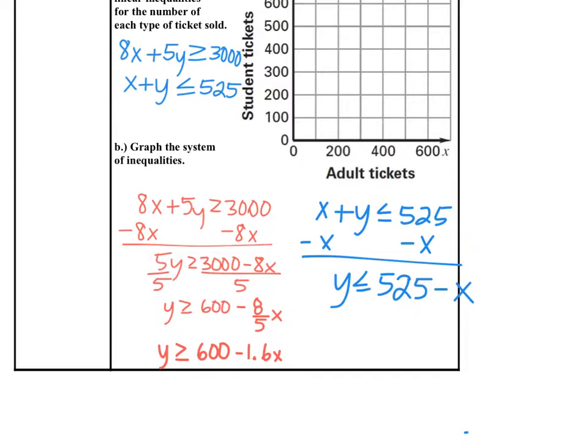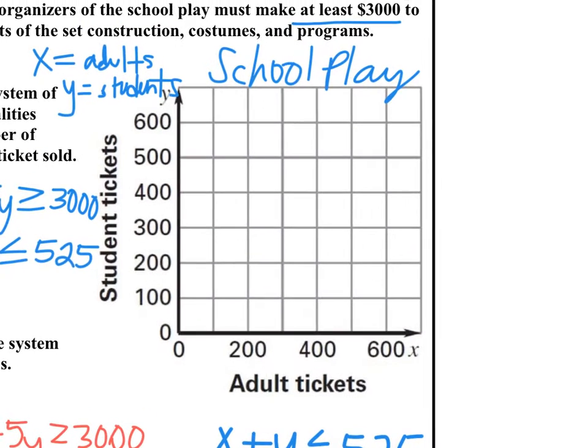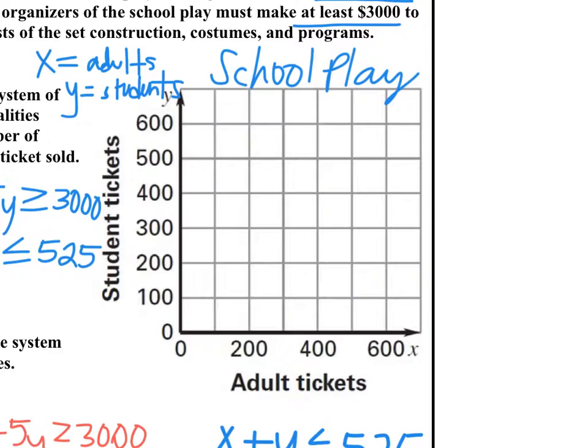My slope is -1. So we are going to start, I'll do this in blue. Start at 525, which, you know halfway is 550, so you want to go about a fourth of the way up. Right there. And you need to go down 1, over 1, down 1, over 1, down 1, over 1.